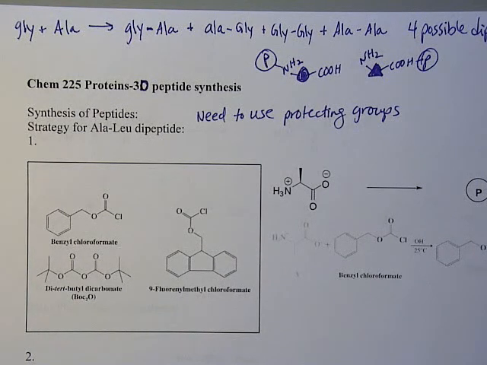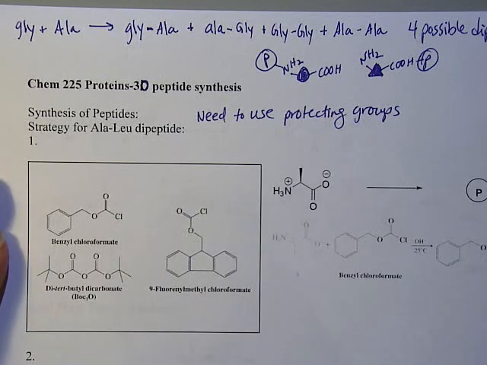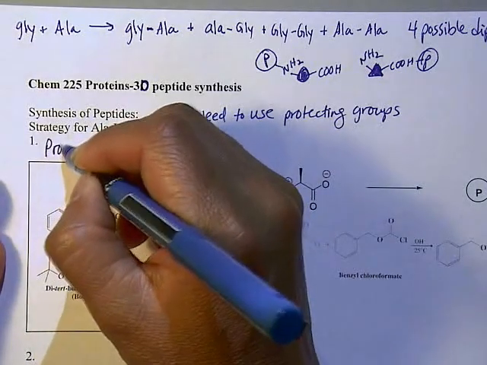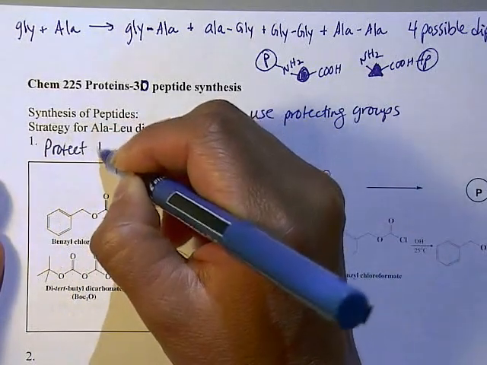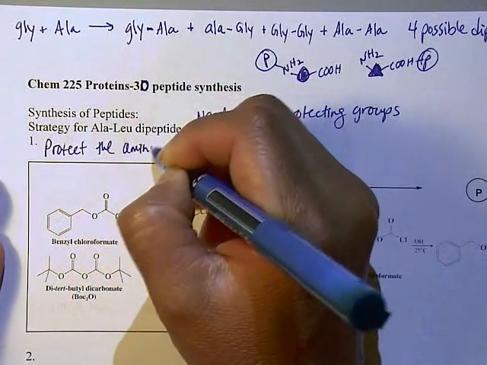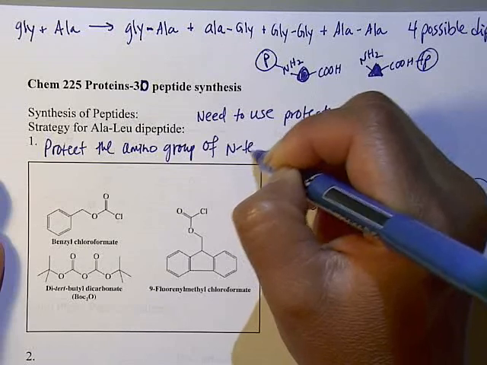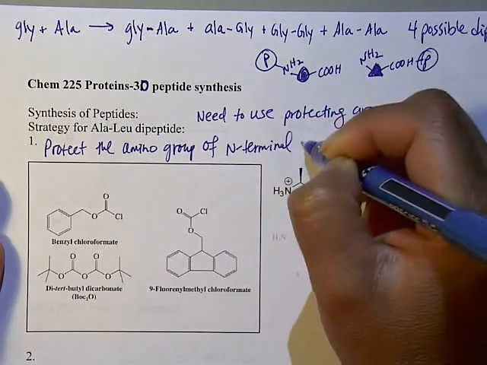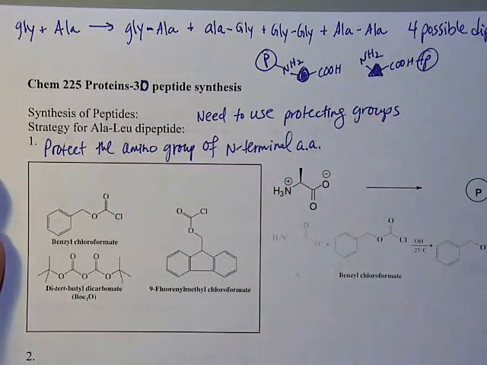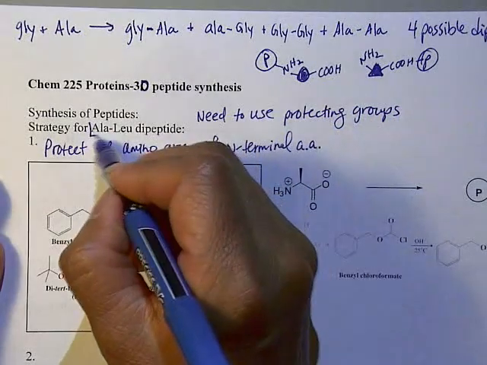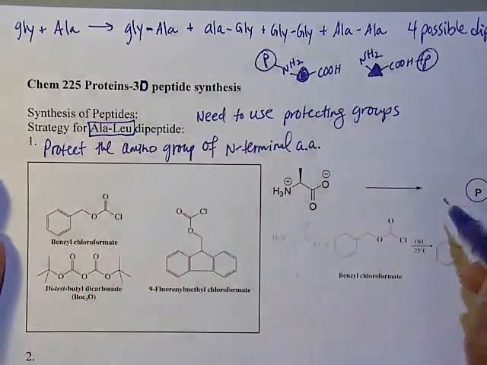So the first step in the strategy is that you have to protect the amino group of the N-terminal amino acid. In this case, we're going to do a dipeptide synthesis of alanine with leucine.